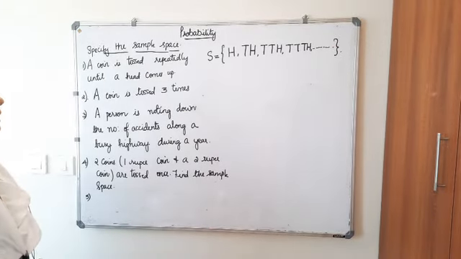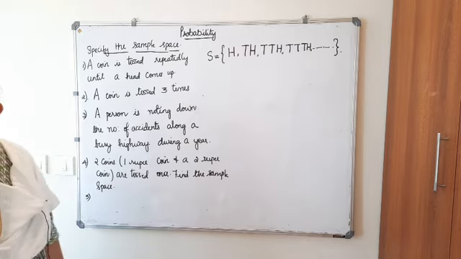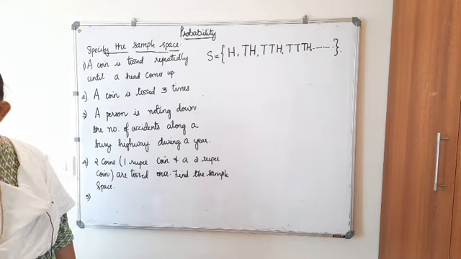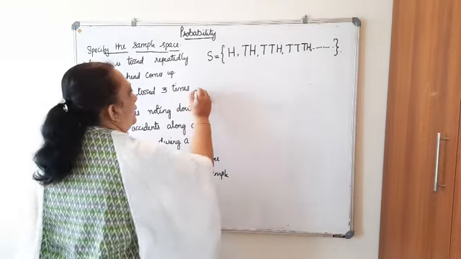Now, the second case is a coin is tossed 3 times. We have already seen the sample space when a coin is tossed 3 times. I'll write the sample space.